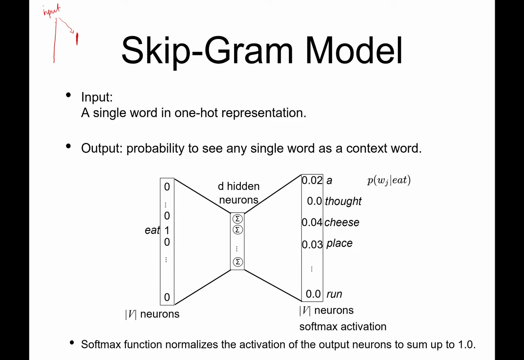So if this is dimension V, this one has a dimension D that is much smaller than V. And then you go back to the same size as the input. So your output here is the same size as the input, and in autoencoders, usually your input is the same as your output. So you try to predict the input.